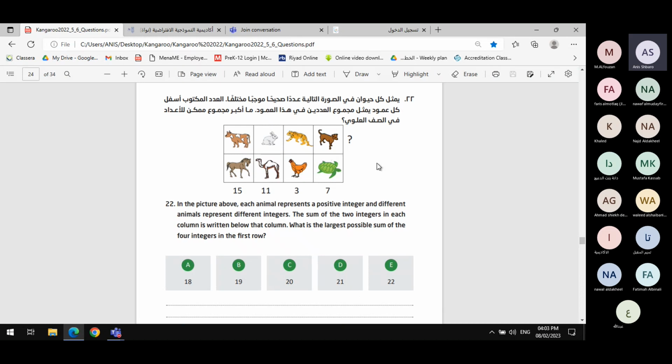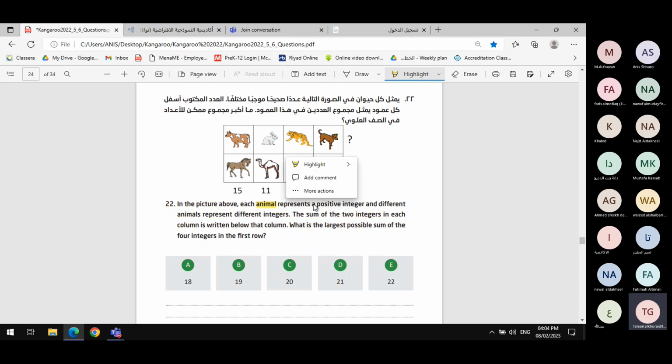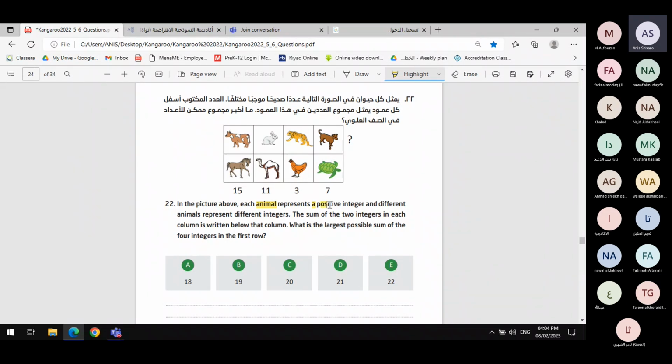Now, Walid, are you with us? Walid, you were solving this yesterday, and time was over. We couldn't continue. So the idea was I'm going to highlight the main ideas. Each animal represents a positive integer, and different animals represent different integers.